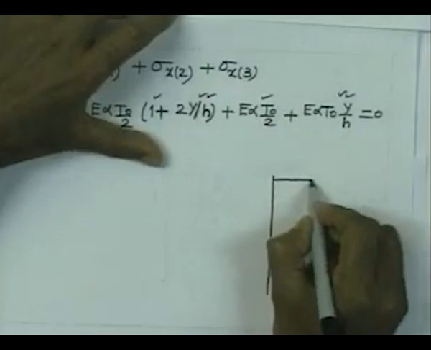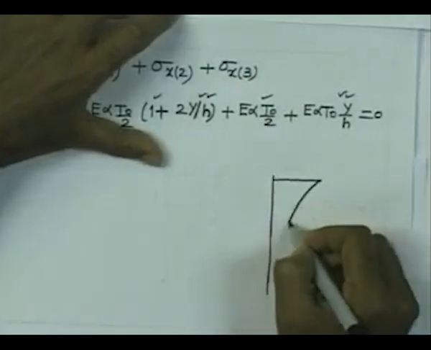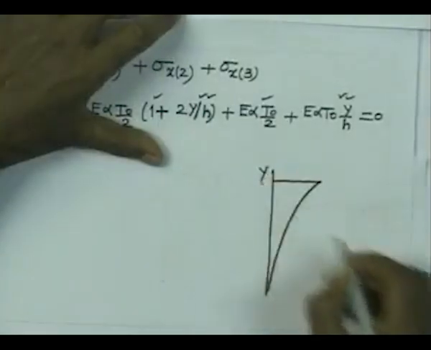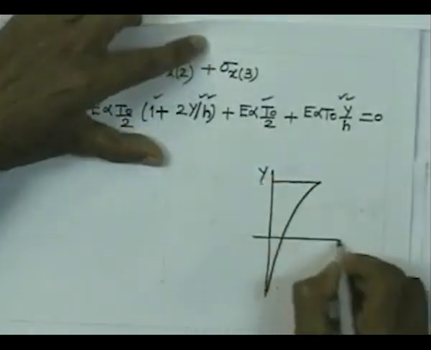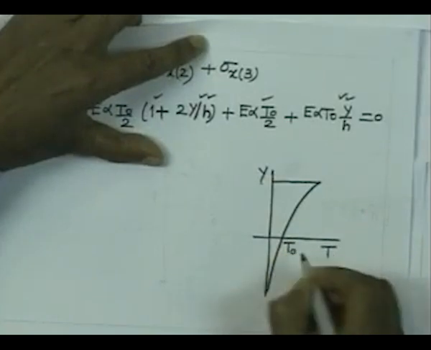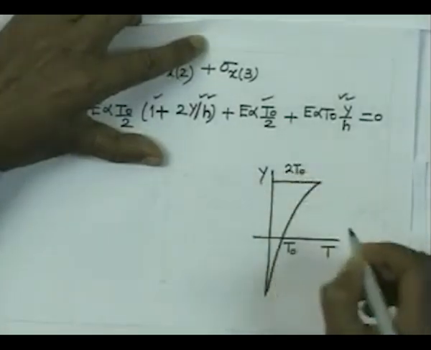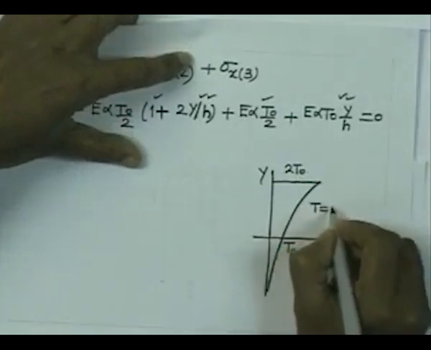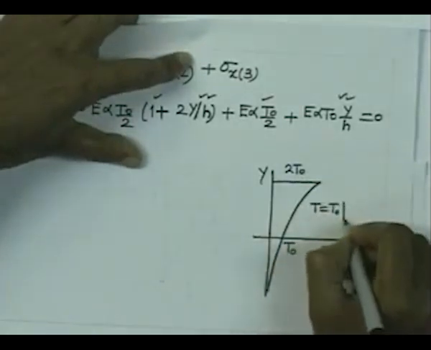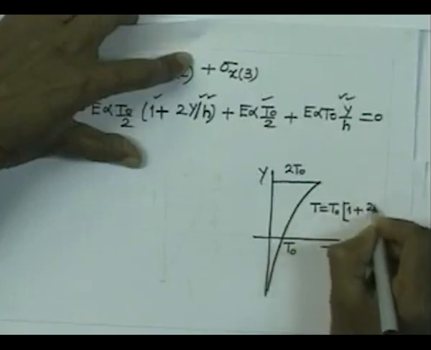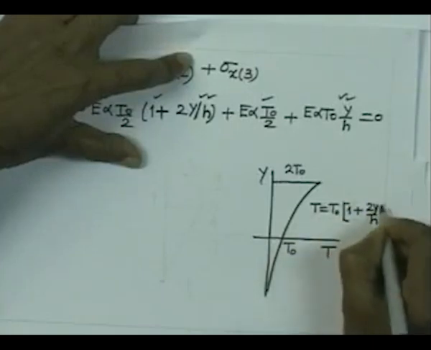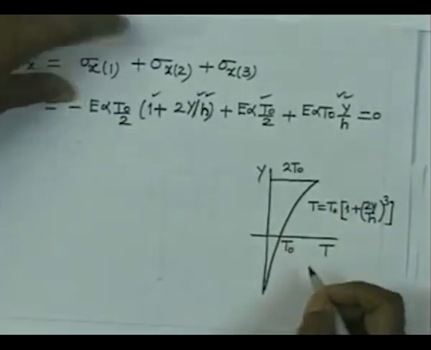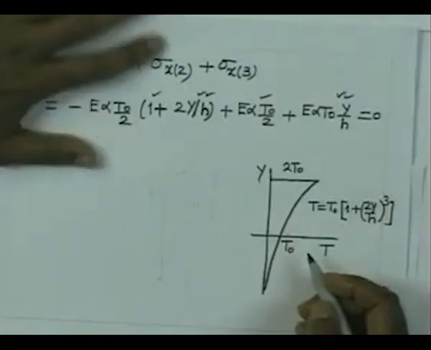Let us consider that we have a temperature variation like this, wherein this is T0 and this is 2 times T0, and therefore, this is quadratic and T is equal to T0 into 1 plus 2y by h cube. So, that is the variation of the temperature, and please find out the thermal stresses.